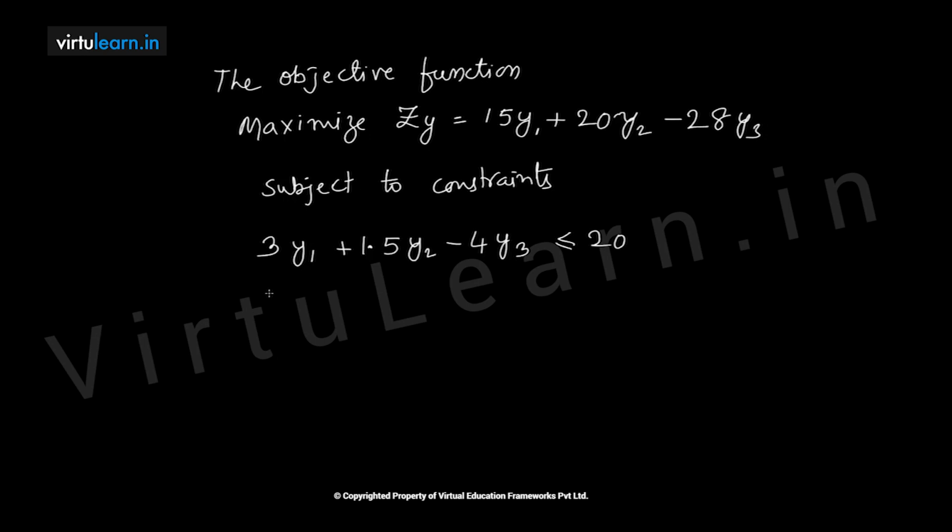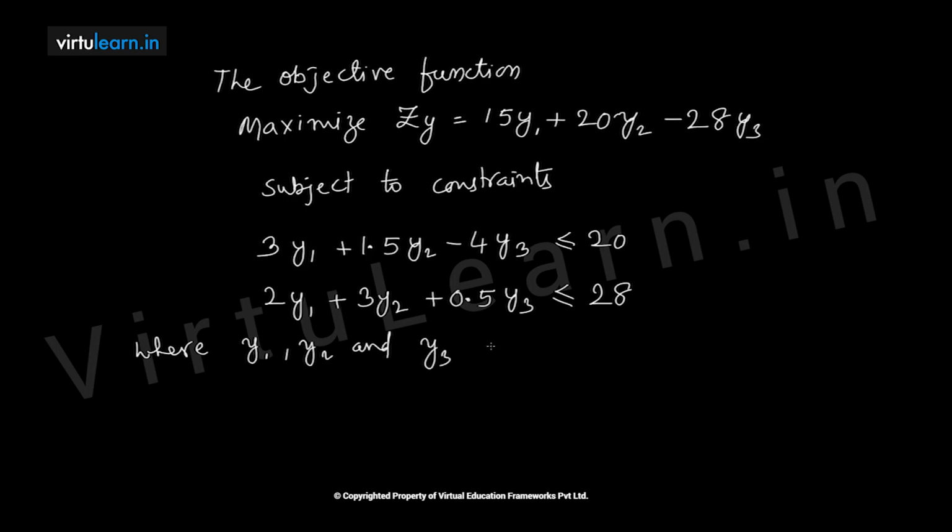So then 2y1 plus 3y2 plus 0.5y3 less than or equal to 28, where y1, y2 and y3 are non-negativity restrictions.